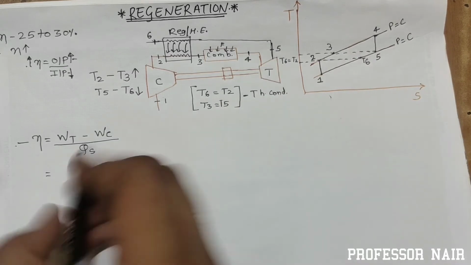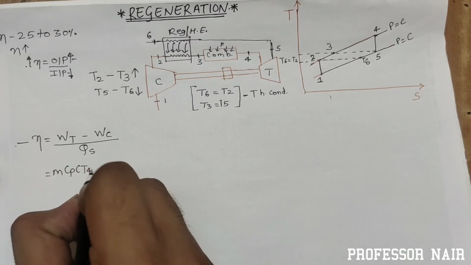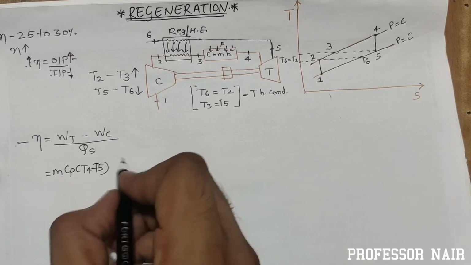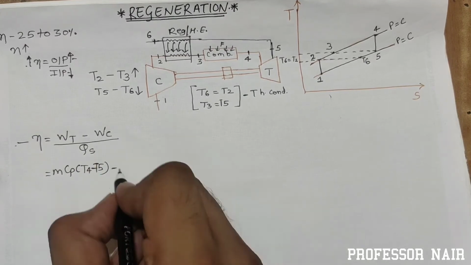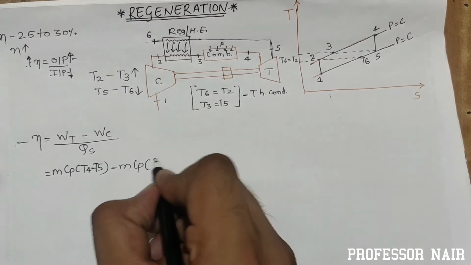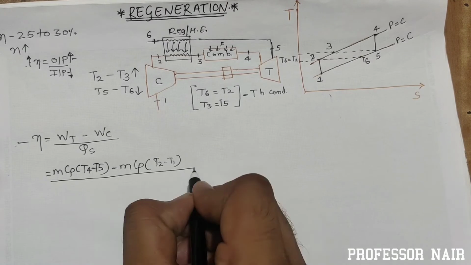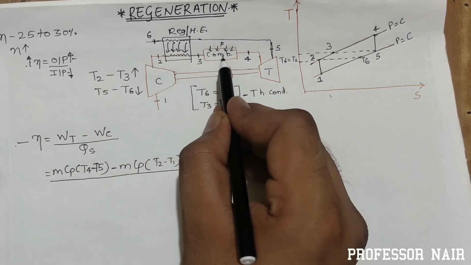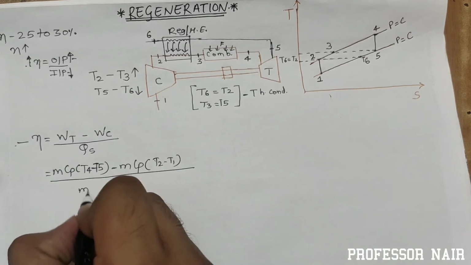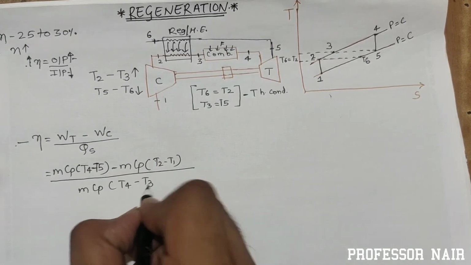So I will write here m Cp (T4 minus T5), minus WC, again m Cp. The compressor outlet temperature is higher, so I will write (T2 minus T1). Where the heat is being supplied in the combustion chamber, T4 would be higher as compared to T3, so I will write here m Cp (T4 minus T3).